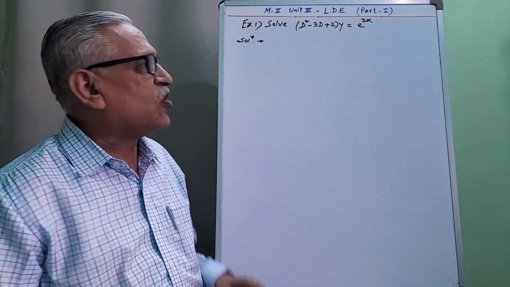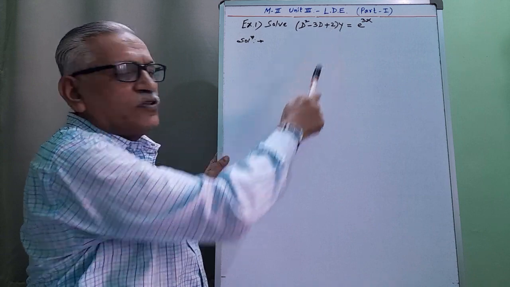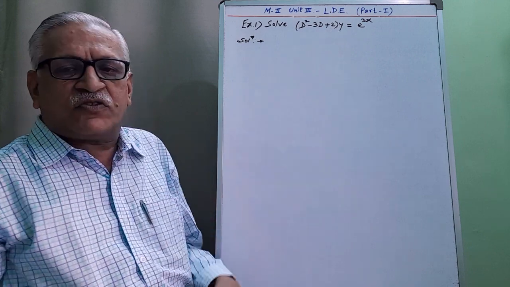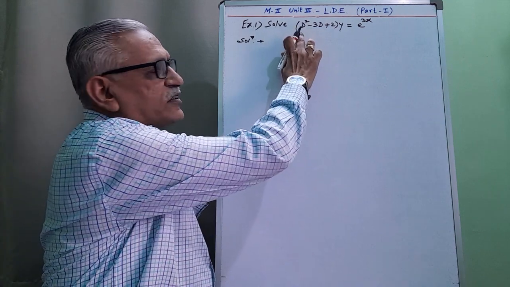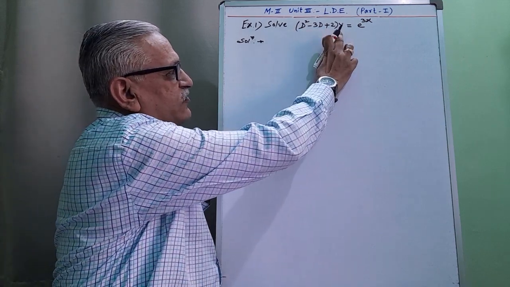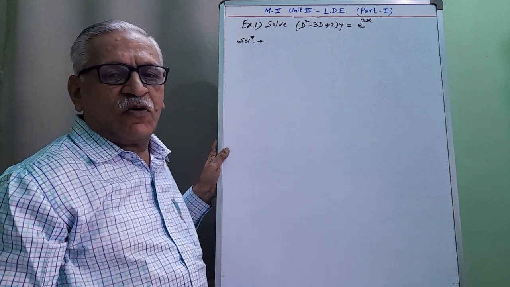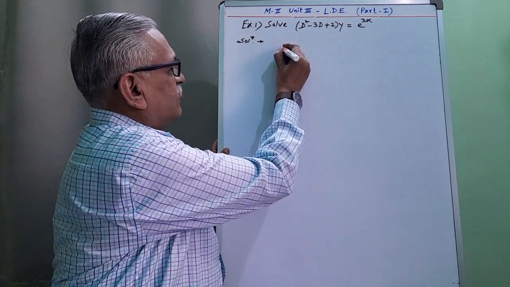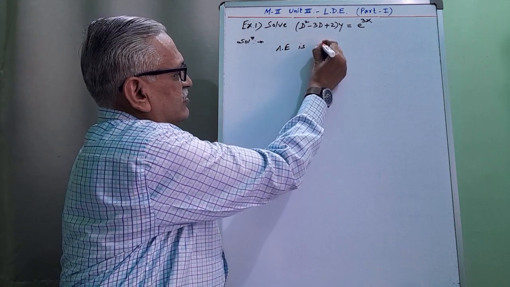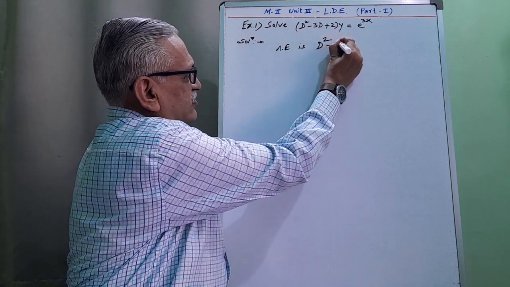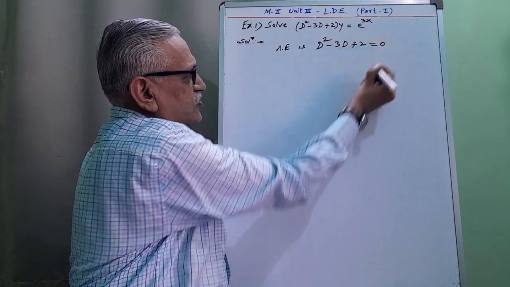First example, solve (D² − 3D + 2)y = e^(3x). This is the second order linear differential equation with y as the dependent variable and x as the independent variable, and D stands for the operator d by dx. Auxiliary equation is D² − 3D + 2 = 0.